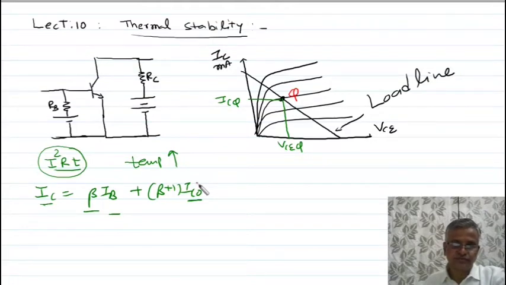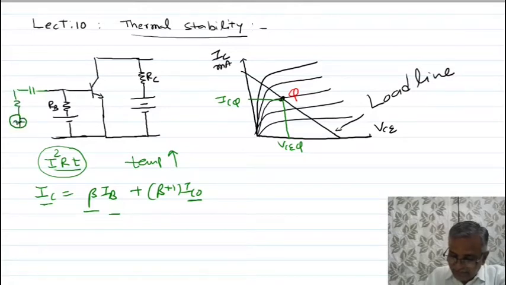So the Q point, as the current increases, will be shifted toward the saturation region. As the Q point is shifted toward the saturation region, then if I give the AC signal, the output is not a full amplification of the input.